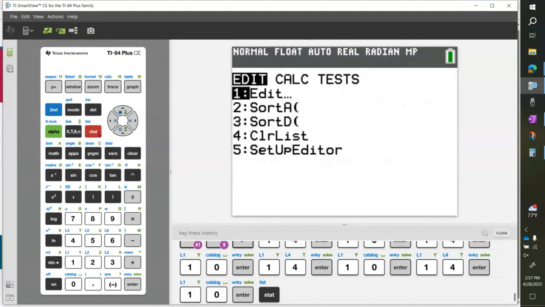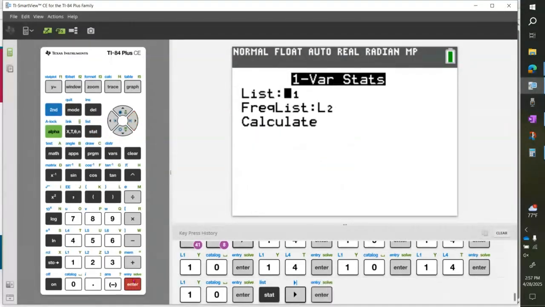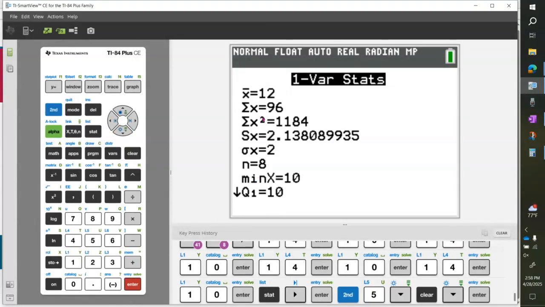And then we go to stat, calc, one variable stat. Do you remember which list? I think it's list 5, right? We do not have a frequency list, so clear. Go down, calculate. We are looking for standard deviation, S sub x.